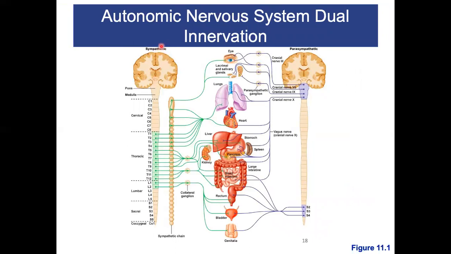On the left side of your screen is the sympathetic nervous system. Notice you don't see that it originates in the medulla oblongata, but they do. And then they exit the spinal cord from T1 to L2, go to the chain ganglion, and then notice if we're talking about the heart, there's a cardiac nerve that synapses with the heart.